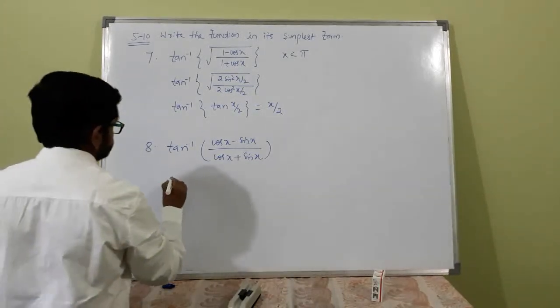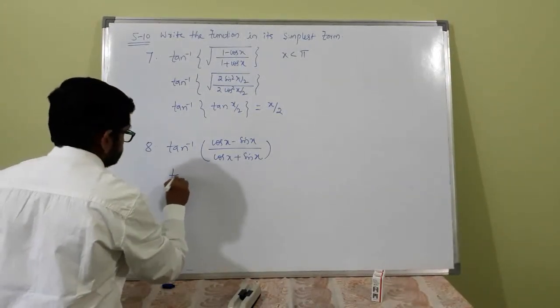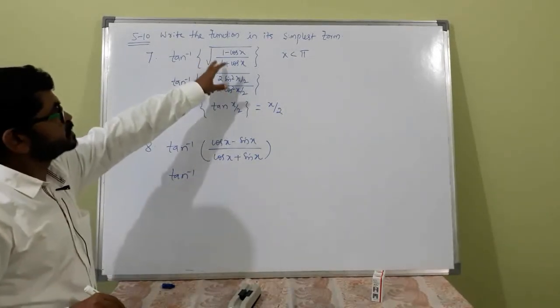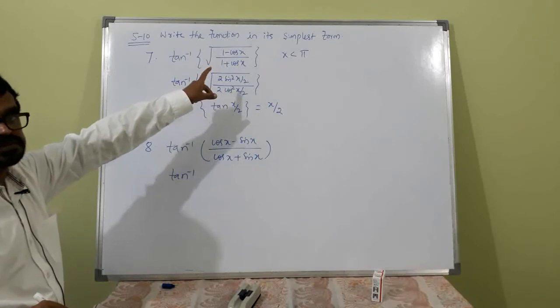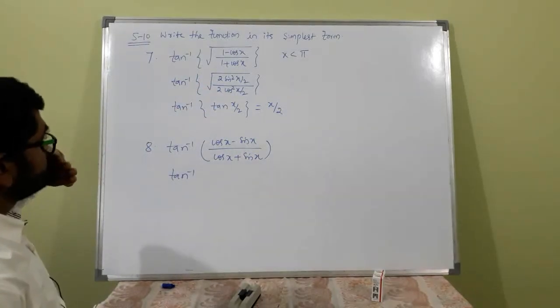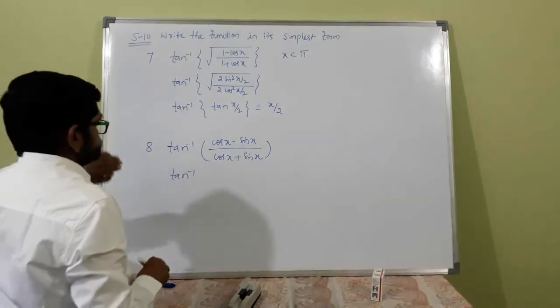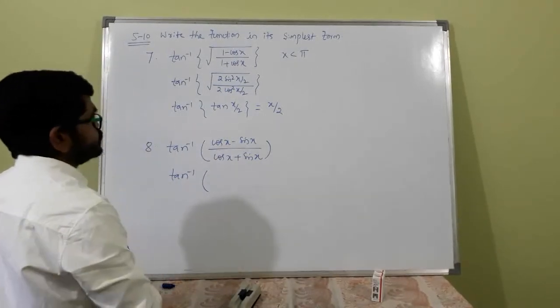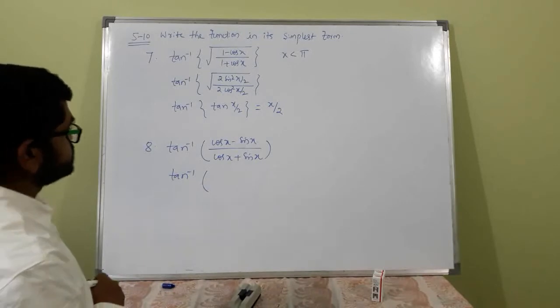Similarly for this one, I hope you got this, isn't it? If you know the result of 1 minus cos x and 1 plus cos x, that is enough. Then if you divide both numerator and denominator by cos x, what happens?